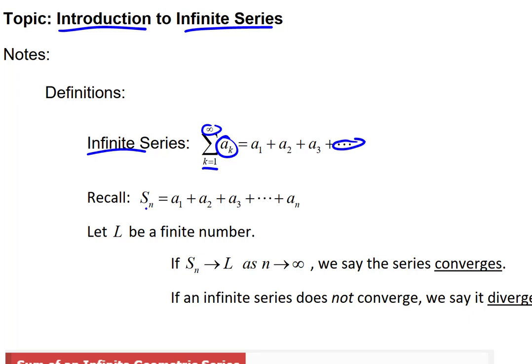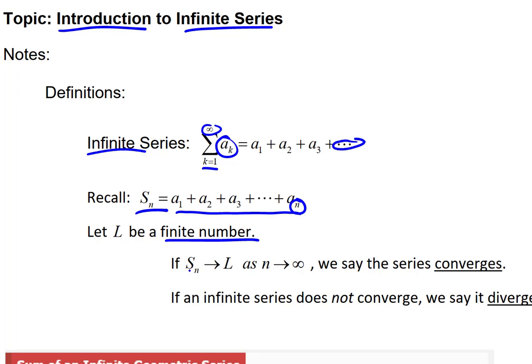Let's also recall the definition of a partial sum, S sub n. That's defined as the sum of the first n terms in a sequence. Furthermore, let's let L be a finite number, so just some non-infinite number.